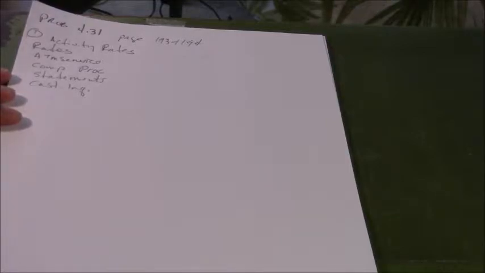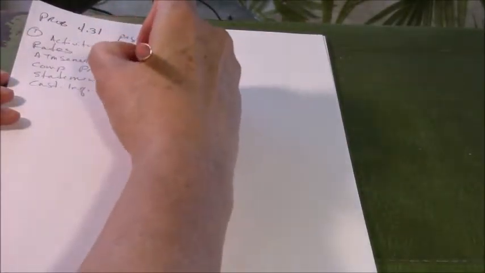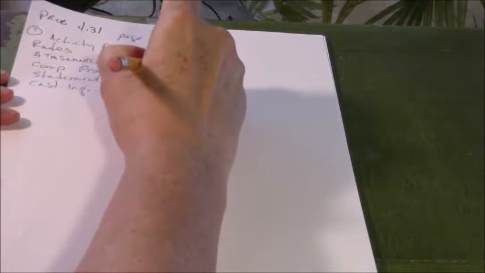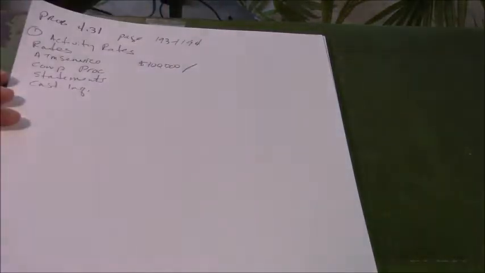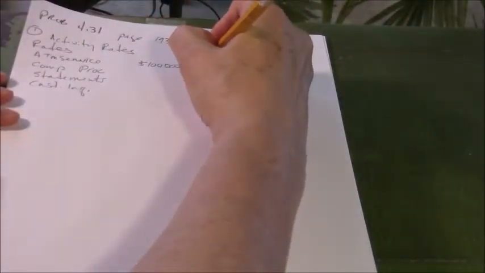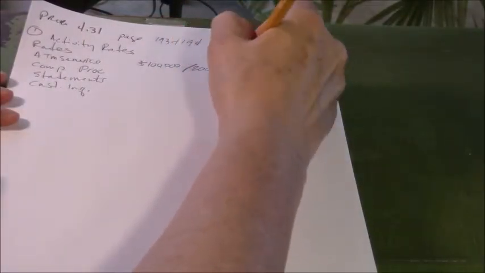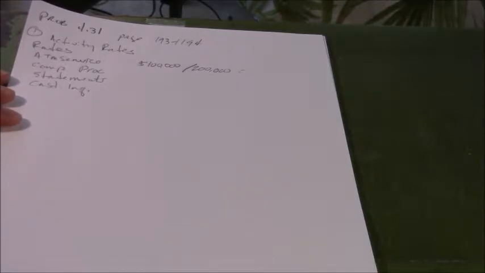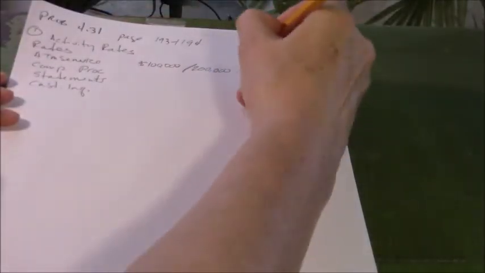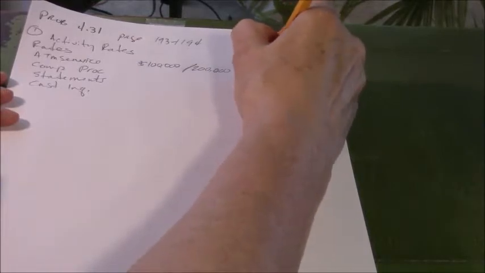For providing ATM, it costs $100,000. We're going to divide that by how many transactions go on, and that's 200,000 ATM transactions. So the rate for that is 50 cents per transaction.